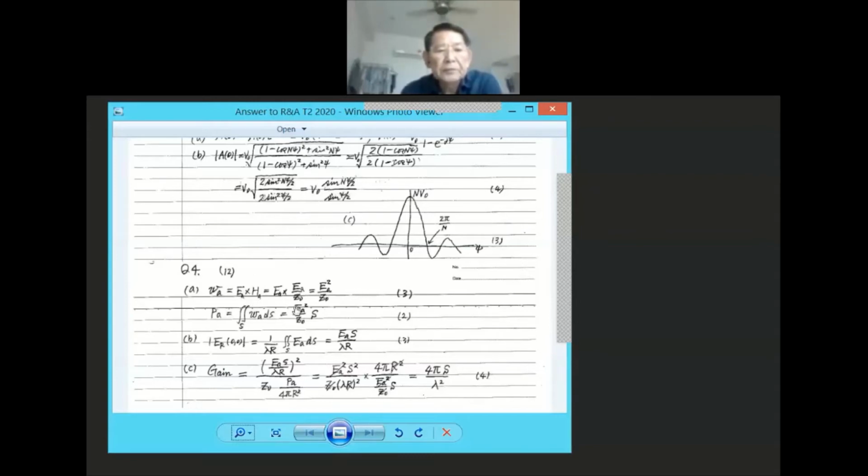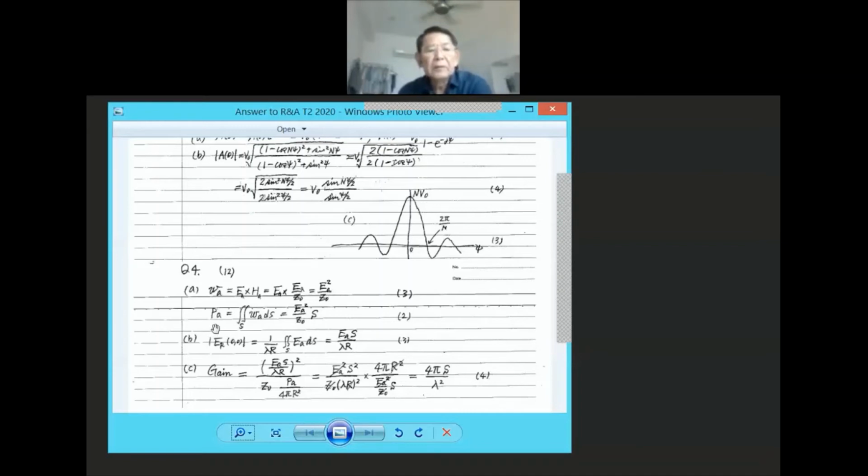The H field has a relation with the E field by intrinsic impedance, which is shown in question 1. So the H field is replaced by the E field. So finally, the power density is expressed by only EA: EA squared divided by Z0.